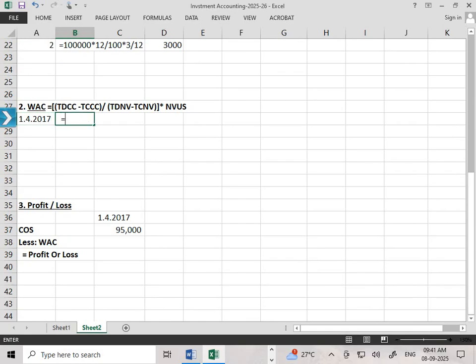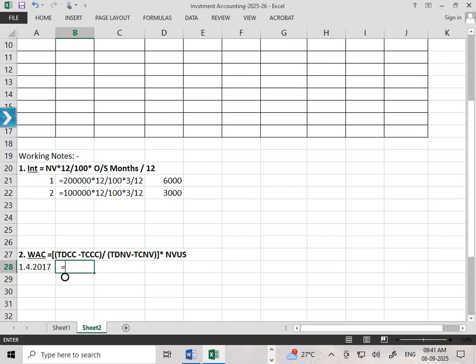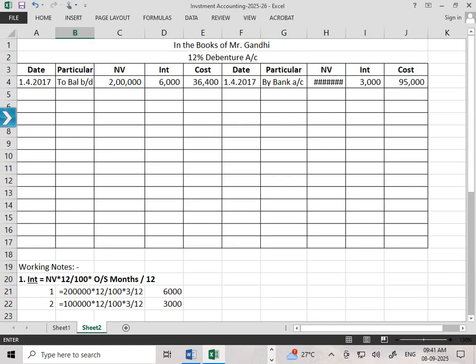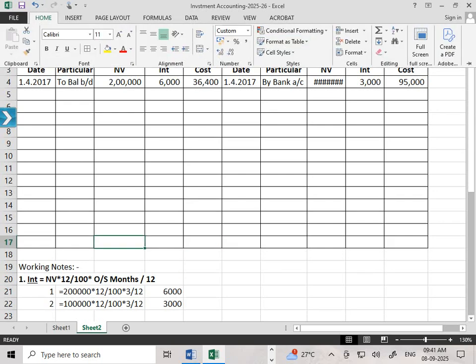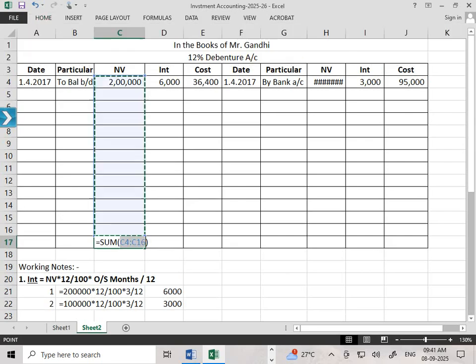Total debit side of the cost column. So total debit side of the cost column. Now I will take here the sum of this. So we can do it very easily.